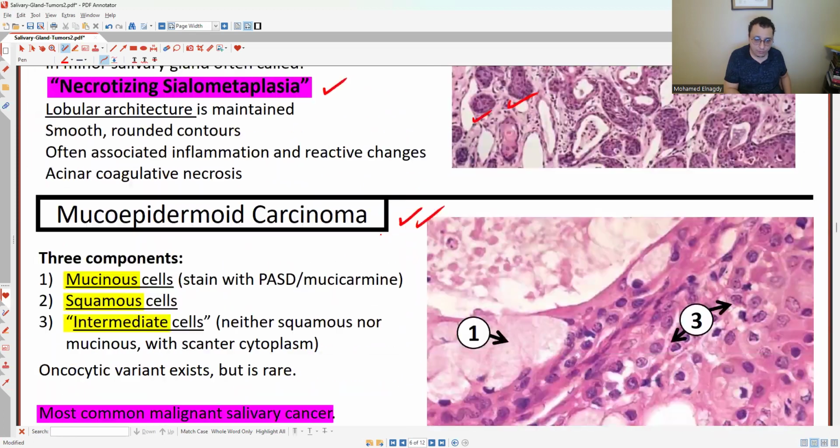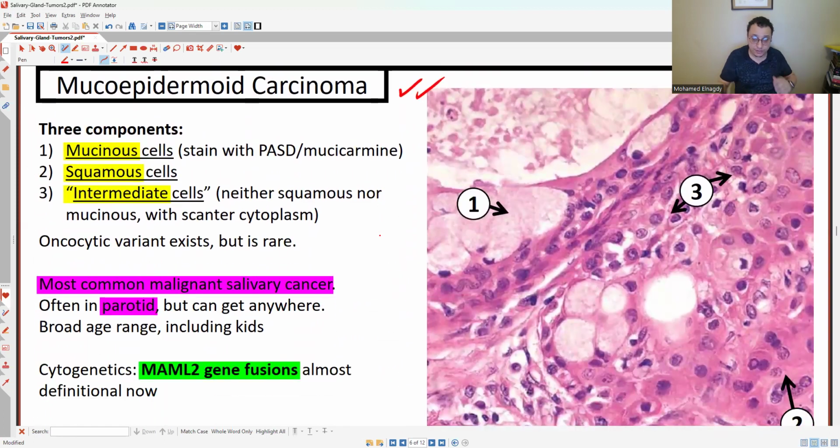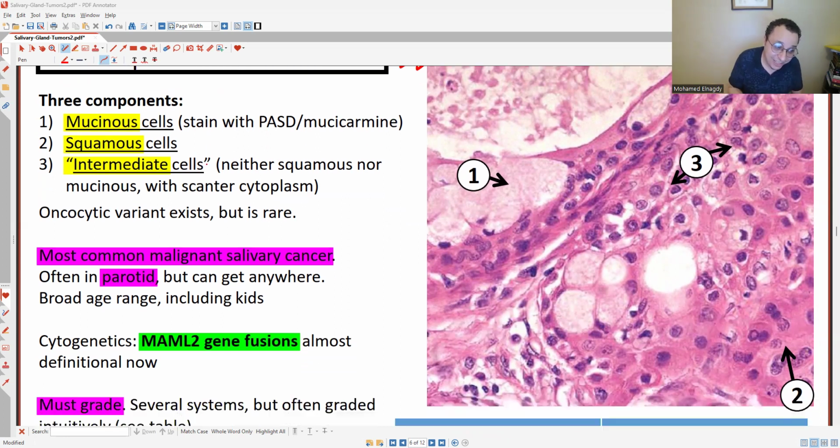However, moving on to the first entity in the squamoid. Yes, Noor is saying SCC, squamous cell carcinoma. It's the mucoepidermoid carcinoma. That's a very self-explanatory carcinoma. I always love it actually.